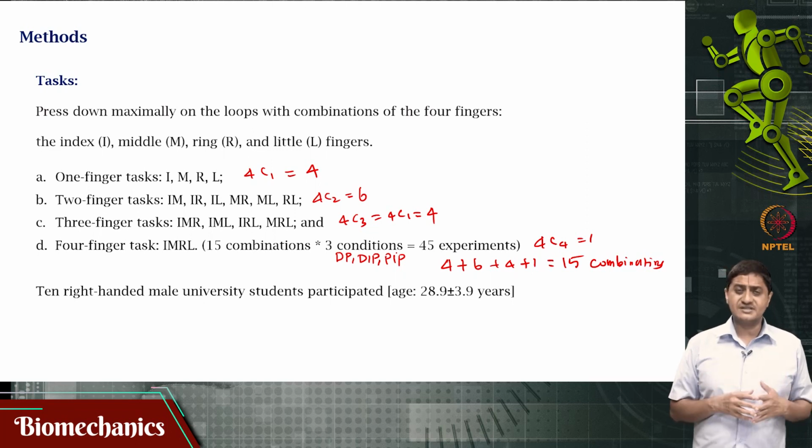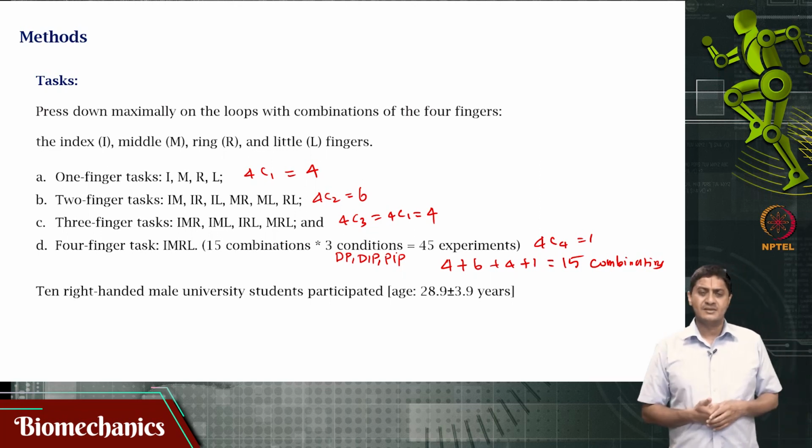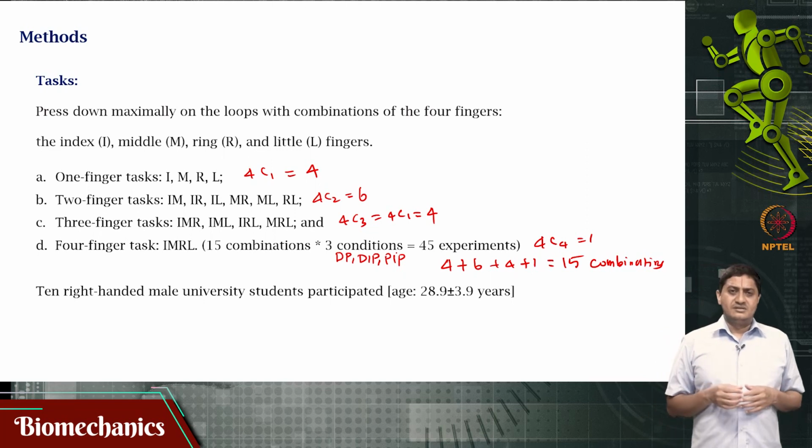So what we discussed in this video was the experimental setup, whereby they use a loop to measure the tension produced by the fingers, or the force produced by the fingers, and they used 3 different conditions whereby the center of the distal phalanx or the PIP joint or the DIP joint are used to produce force, and they used 15 different combinations of fingers, as I just now discussed, to measure in these cases.